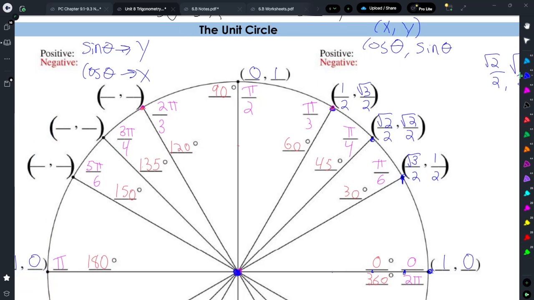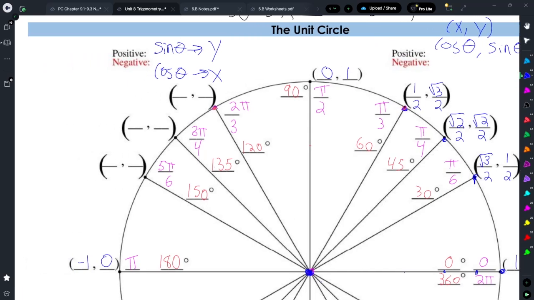Okay, so with the first quadrant done, I'm now going to translate these points over here. So I'm going to take this point and translate it over to this other pi over 2. So my x coordinate is going to be negative 1/2, and the y is going to be positive square root of 3 over 2, because in this quadrant, in quadrant number 2, cosine is negative, the x value is negative, and sine is positive.